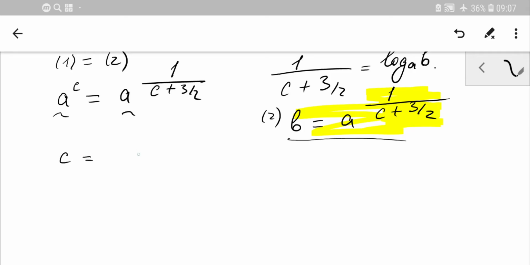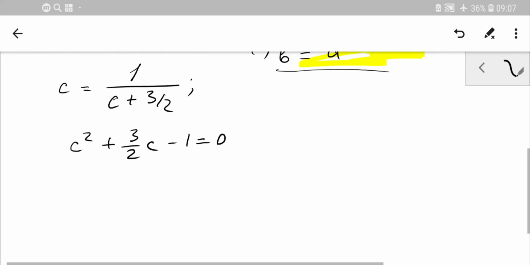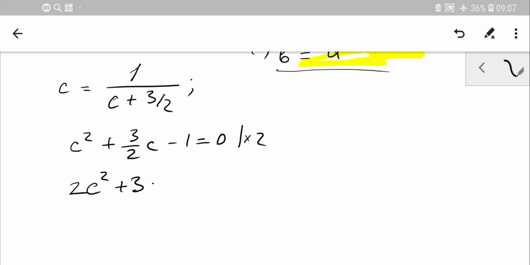So we have 1 over C plus 3 over 2 equal to C. To resolve that, we get C squared plus 3 over 2 C minus 1 equals 0, but it's better to multiply everything by 2. Finally we get 2C squared plus 3C minus 2 equals 0.